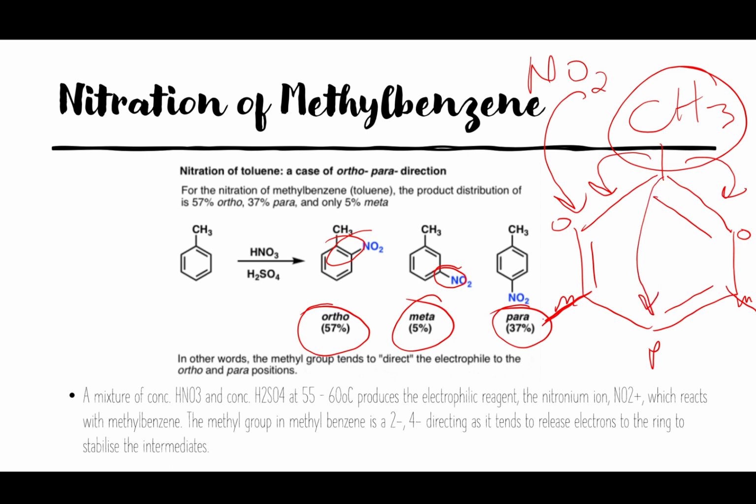But when you add something to the meta position, it is not able to stabilize as much. I won't get into all of that because that might confuse you and it's not necessary for you to understand. But think of it like this: if something adds to the meta position, the methyl group is not able to stabilize that intermediate as much. All right? So it's all about stability.